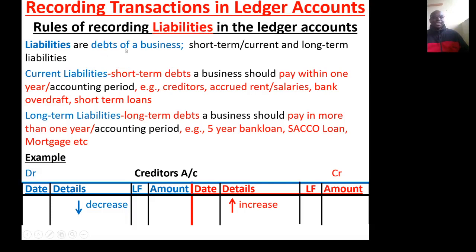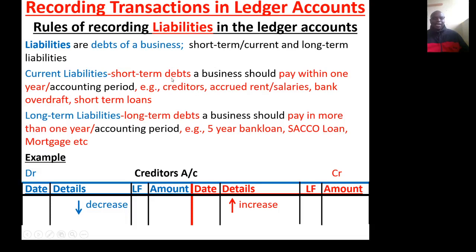So liabilities are debts of a business, and we have current or short-term liabilities and long-term liabilities or debts. So short-term liabilities or debts or current liabilities are debts that a business should pay within 1 year or accounting period.